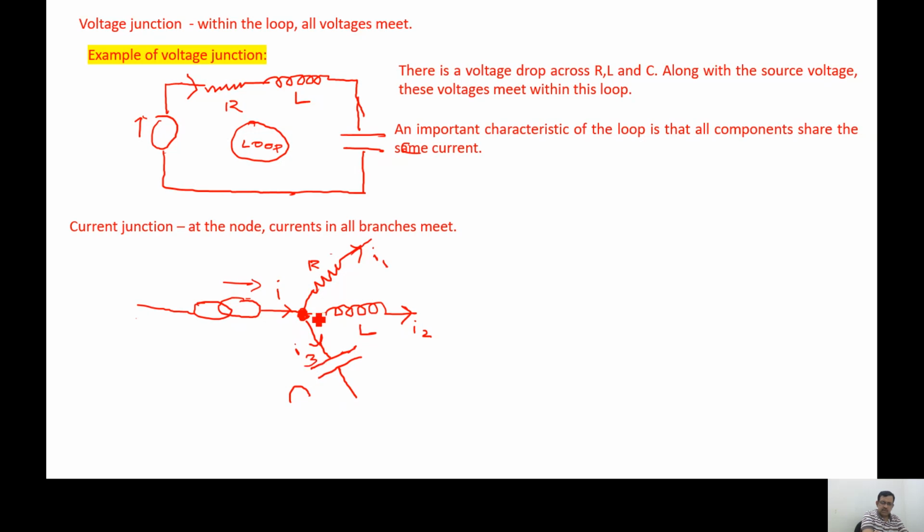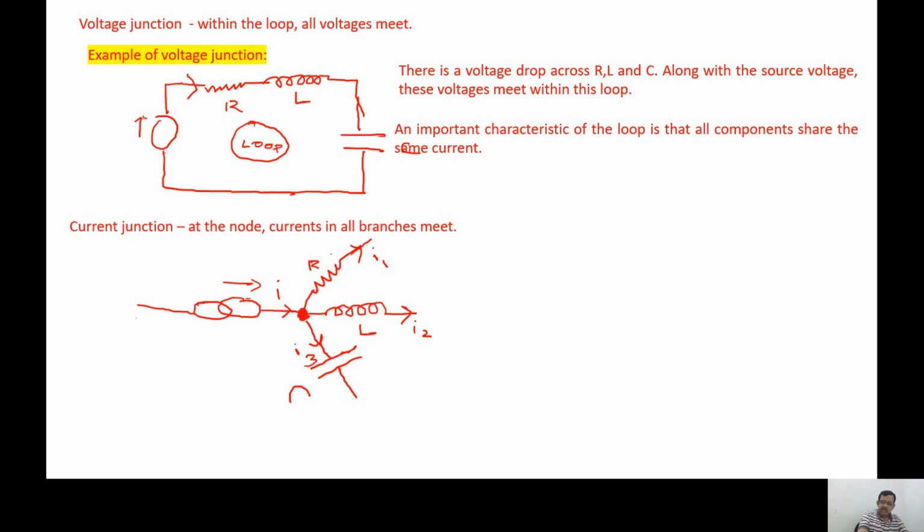An important characteristic is that the current is varying, but at this point the potential or voltage with respect to some reference point is shared by all the branches at this node.